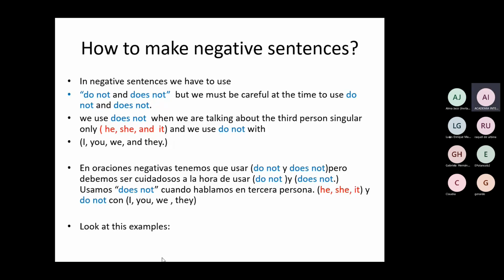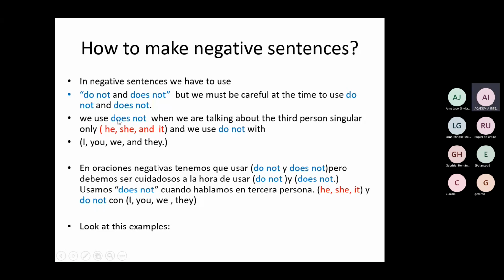In negative sentences, we have to use do not, like this one. Do not or does not in negative sentences. But we must be careful at the time to use do not and does not. Pero debemos ser ahí cuidadosos a la hora de usarlo.